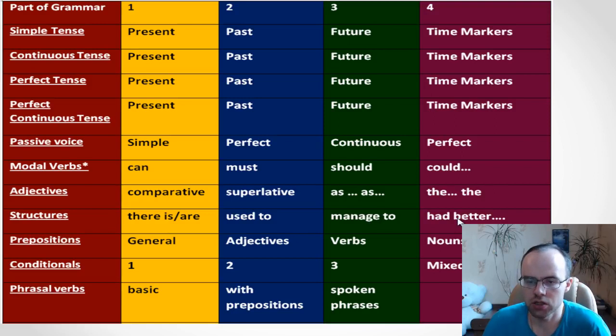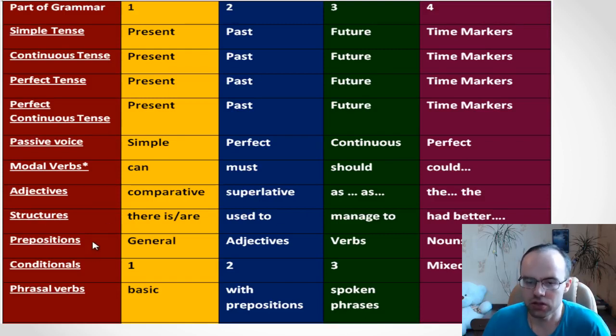It's a lot. English grammar isn't only about tenses, passive voice, modal verbs. There are really lots of English grammar structures you need to know, and you see just some examples of it.